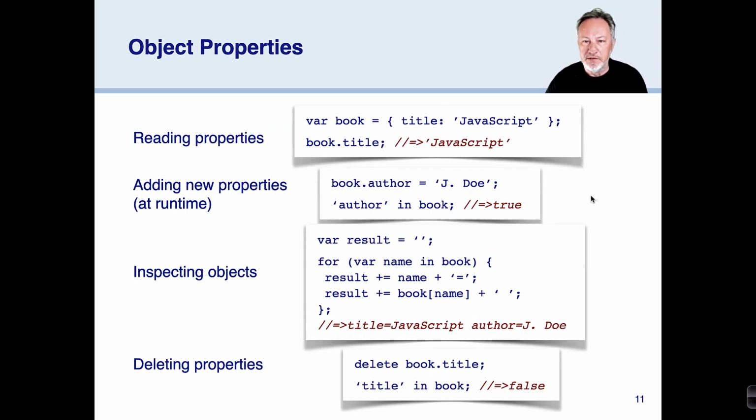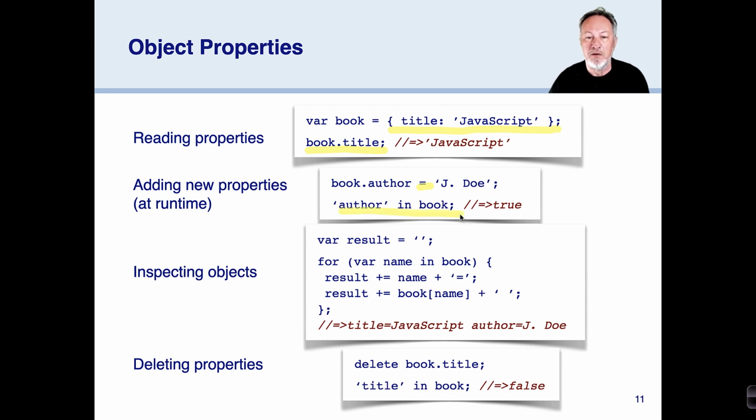Here we see a few examples where we access properties of objects, and access and update them. In our first example, we see a book, which is defined to be the object with the title property. And we can simply access it by accessing book.title. Here we update book by assigning the string jdo to the author property.